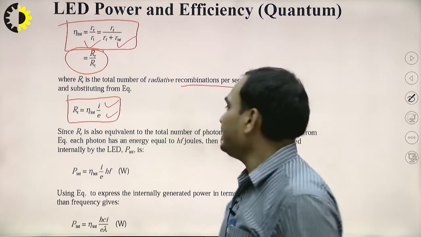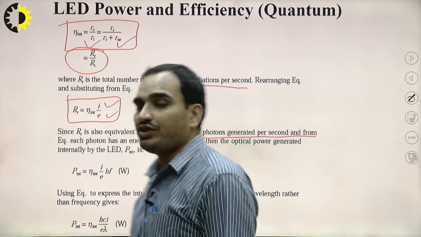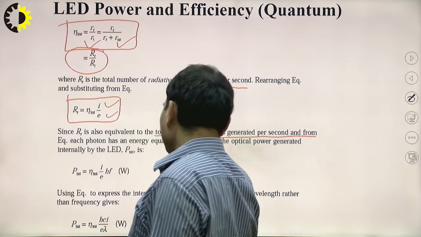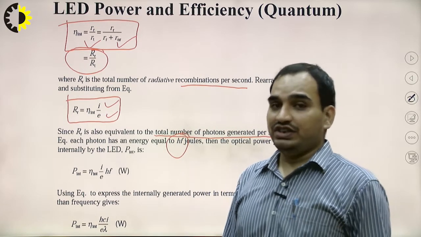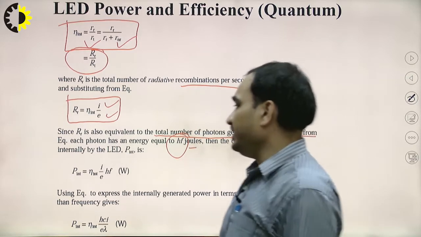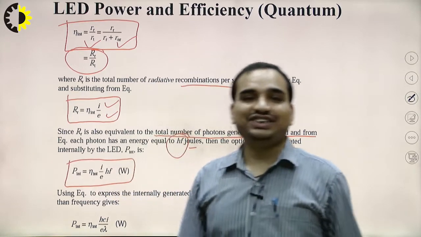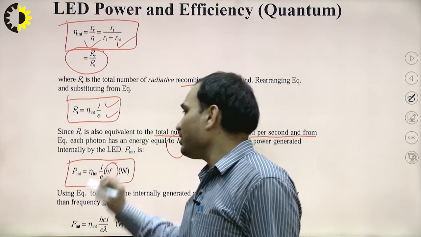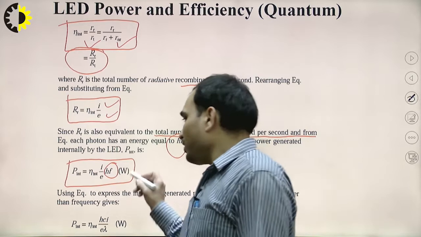Since R_R is equivalent to the total number of photons generated per second, and each photon has energy equal to hf, where h is Planck's constant and f is the frequency, given in joules, the total power generated internally by the LED is the internal efficiency multiplied by the current divided by the electron charge, multiplied by the photon energy hf. This power is given in watts.